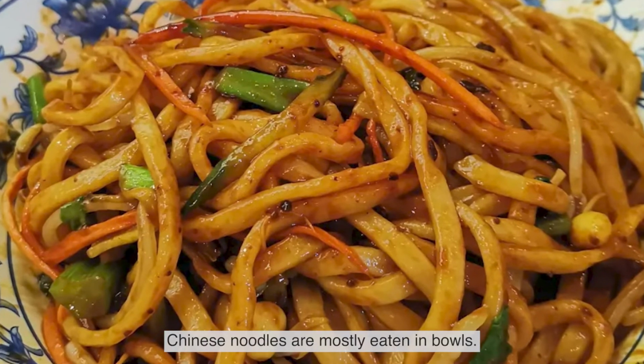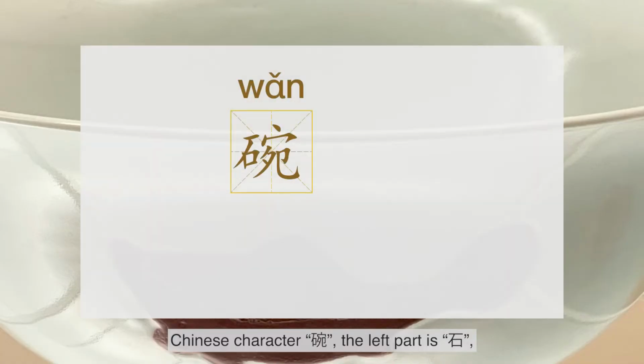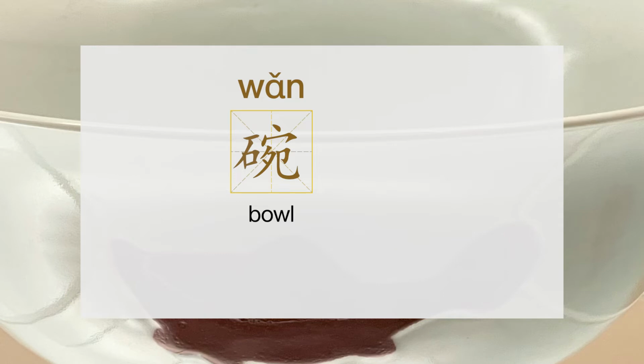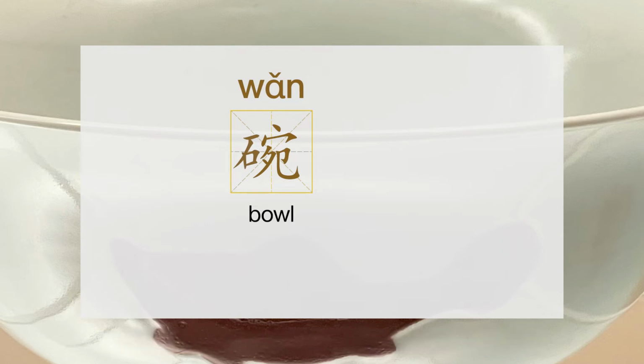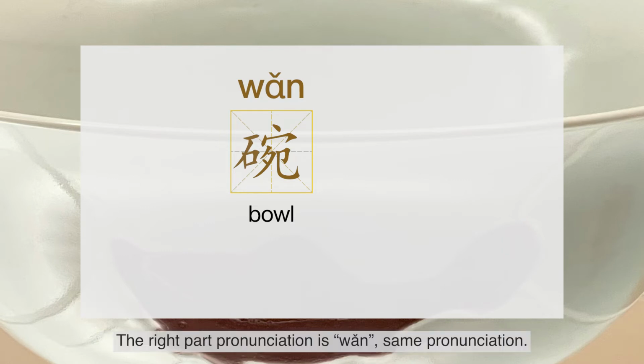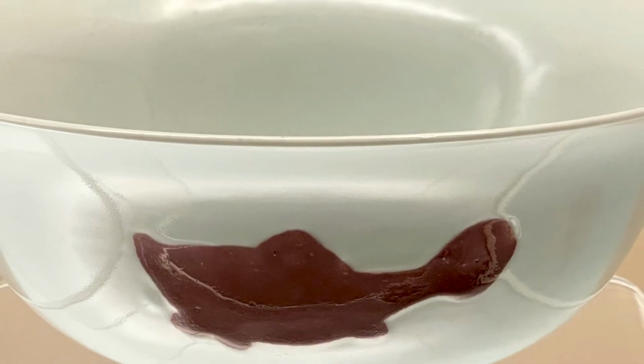Chinese noodles are mostly eaten in bowls. In the Chinese character 碗, the left part is 石, so maybe the bowls were made of stone in ancient times. The right part is the pronunciation, 宛, with the same pronunciation.